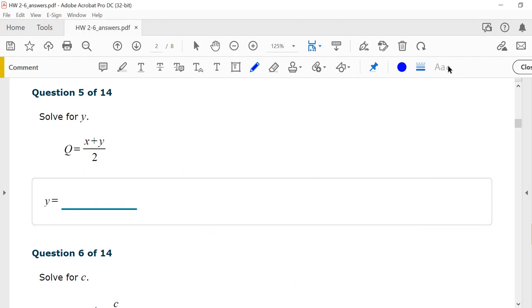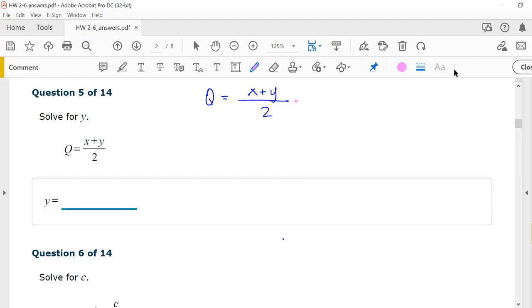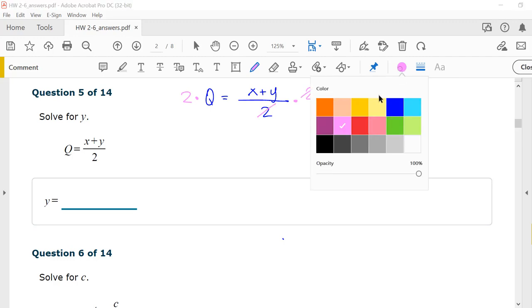Number 5, solve for y. Q equals x plus y all over 2. I want to get rid of the 2, so I need to multiply both sides by 2. The 2's on the right cancel.